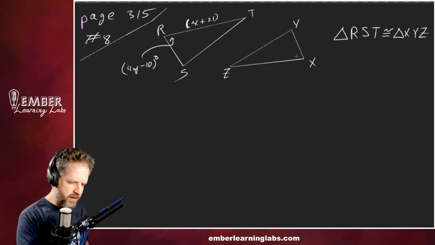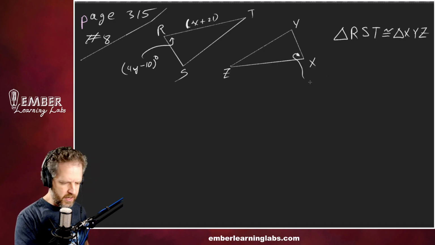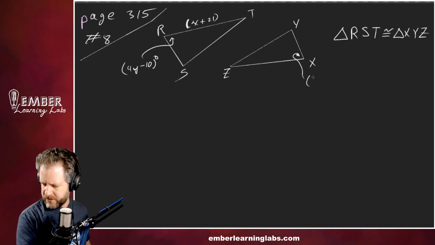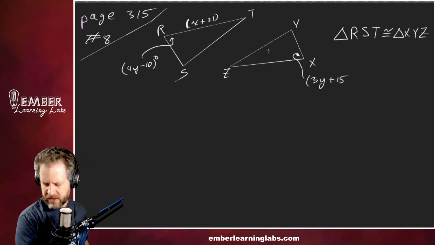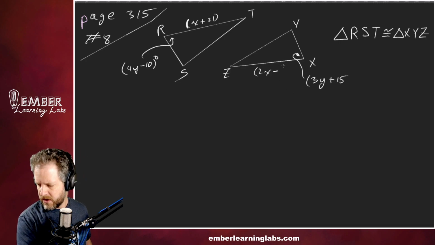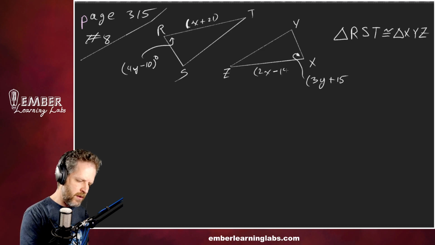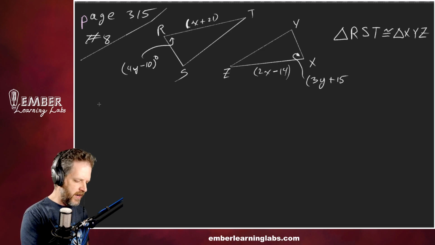This angle right here is labeled 3y plus 15. And this side segment is 2x minus 14. So for number 8, we're expected to find x.